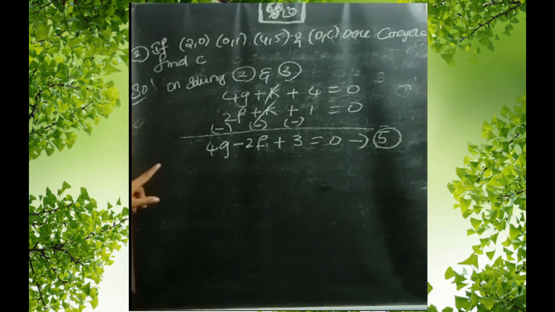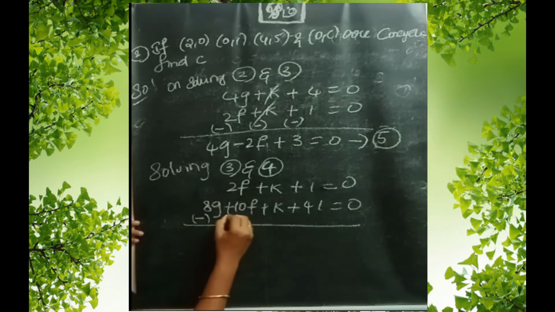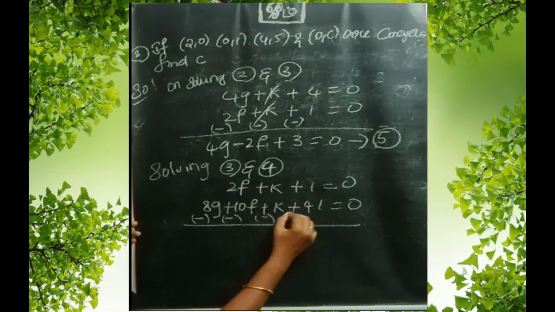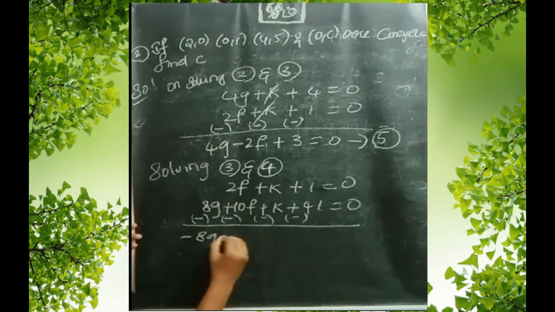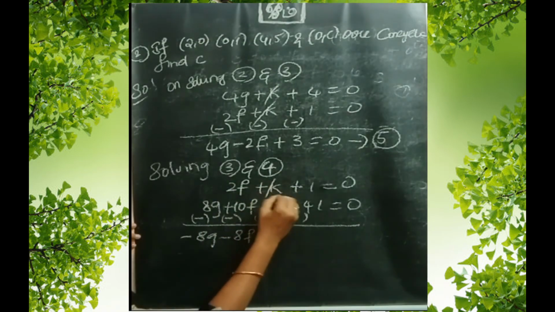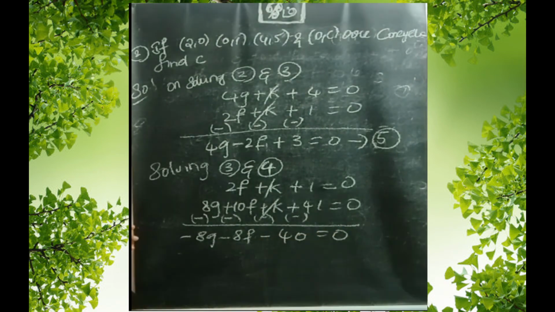Likewise, solving 3 and 4. So I have taken the third and fourth equation. See here, only the g term. So minus, minus, minus, minus. So write the same g value. 2 minus 10 minus 8f. k will get cancelled and minus 40 equals 0.